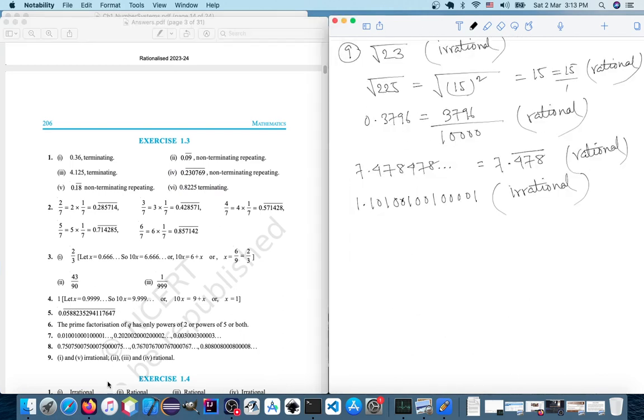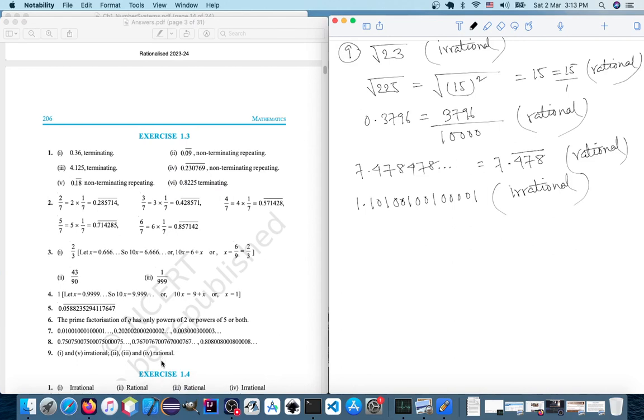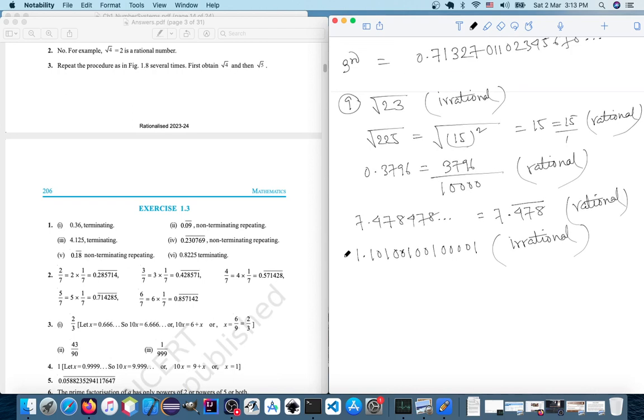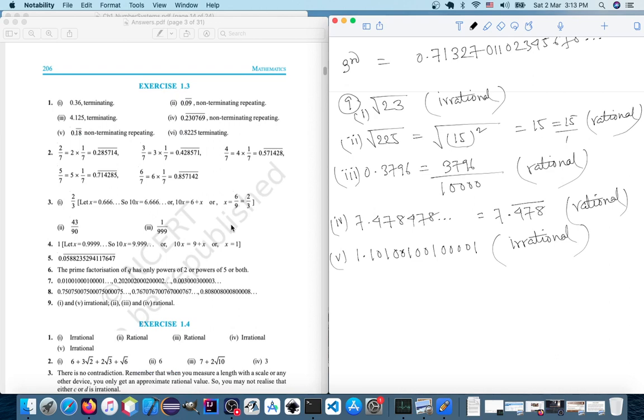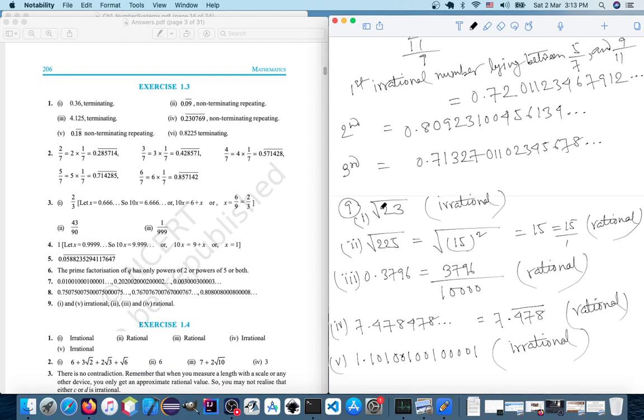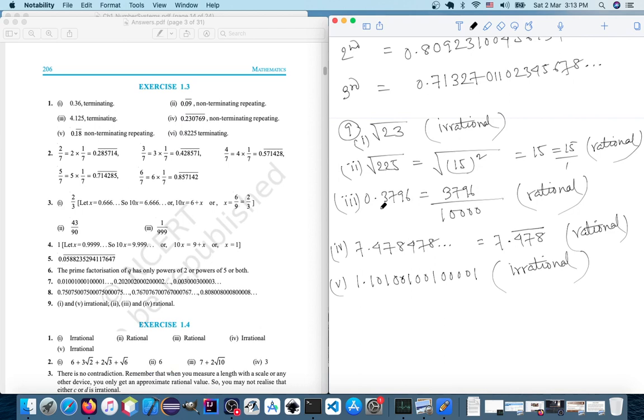For 9, the last one, it says 1 and 5 irrational. So this is 1, this is 2, this is 3, this is 4, this is 5. It says that 1 and 5 are irrational, and the rest are rational.